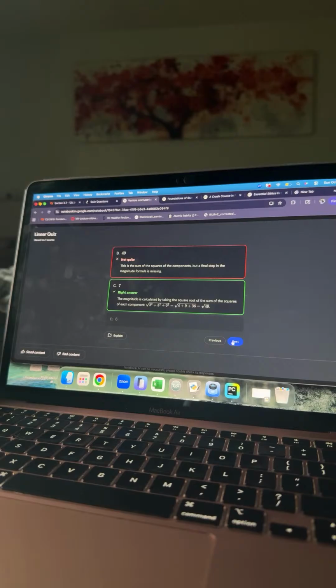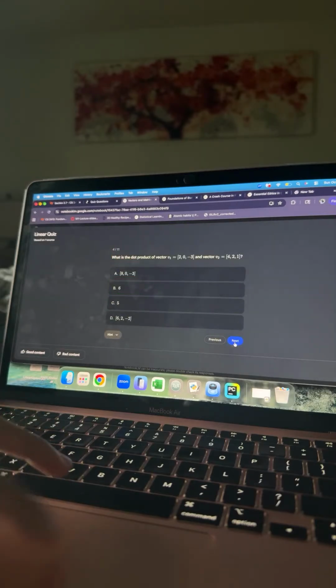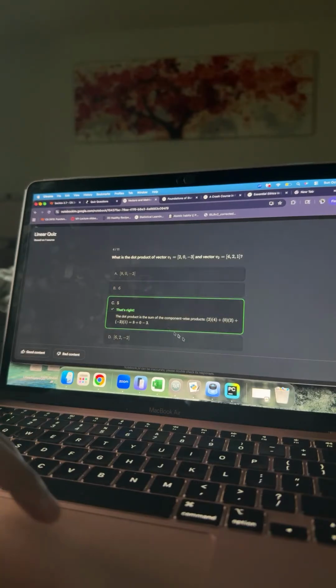What is the color of a carrot? You know, carrots come in different colors. It could be purple carrot, yellow carrot, orange carrot, rainbow carrot. That's what they call it. What is the dot product of the vectors v1 and v2? 2 times 4 is 8 plus 0 plus negative 3. 8 plus negative 3 is 5.